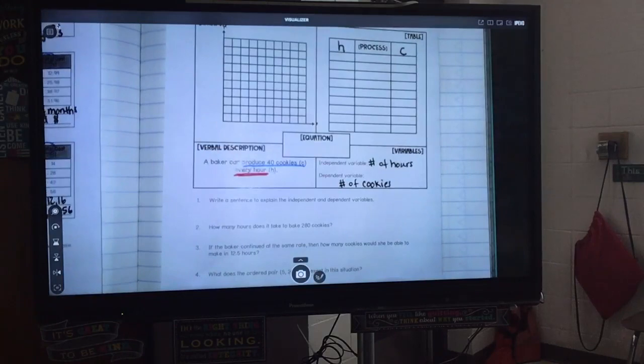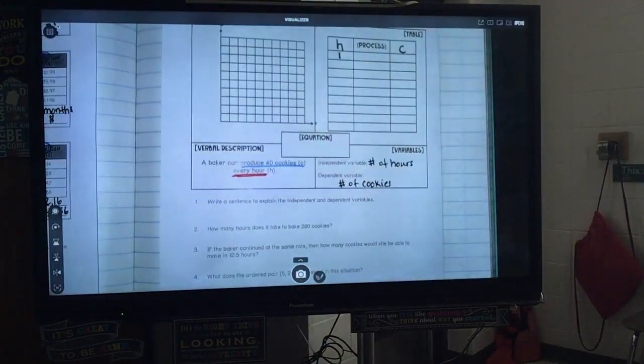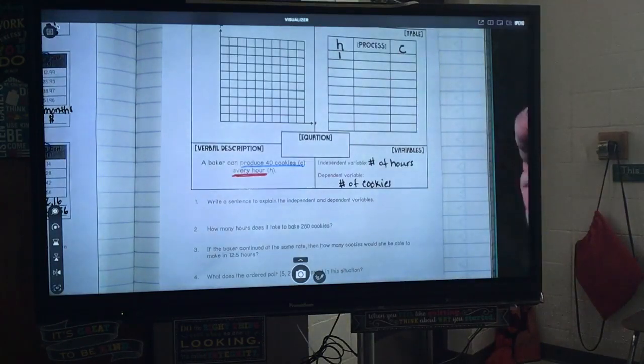Kaylee, what does the H represent? Okay, so I'm gonna put 1 hour here, and then what does the C represent? Troy? Cookies. So in 1 hour, she makes how many cookies? We are told that in our scenario, guys, 40.